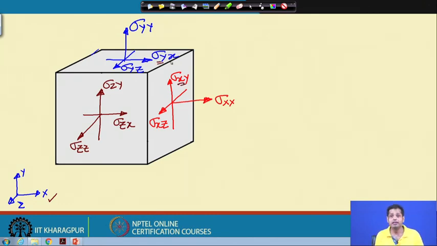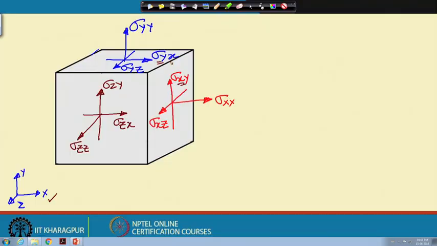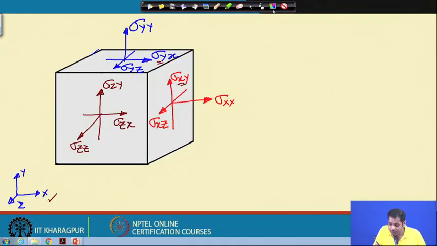So essentially, we have 3 normal stresses and 3 shear stresses, a total of 6 stress components. Now, these stress components are written in this form. First is normal stress sigma xx, and then sigma yy and sigma zz. So these are the 3 normal stresses. Then we have sigma xy, sigma yz and sigma zx.